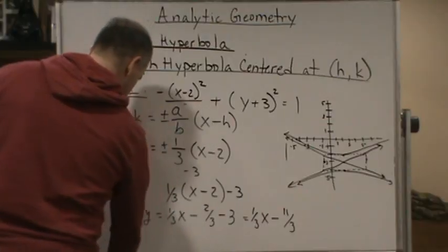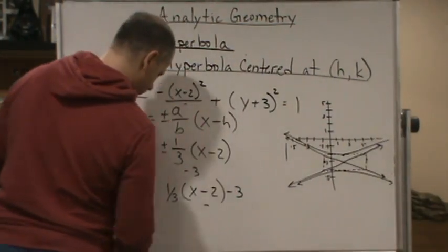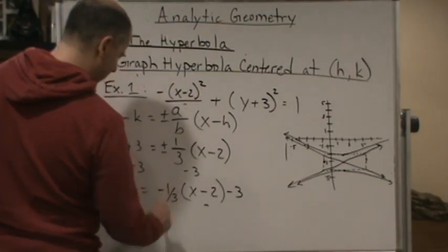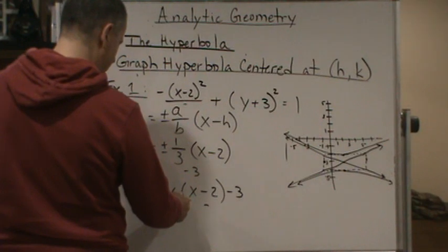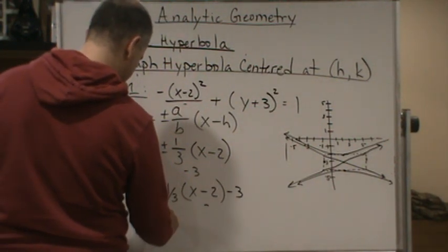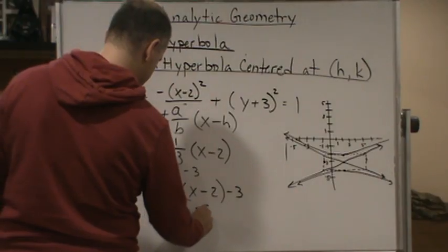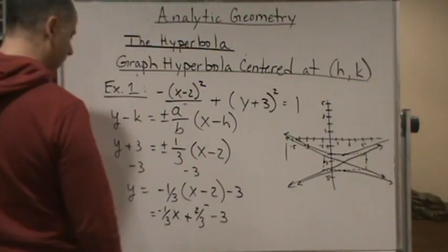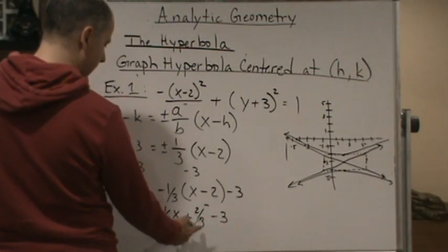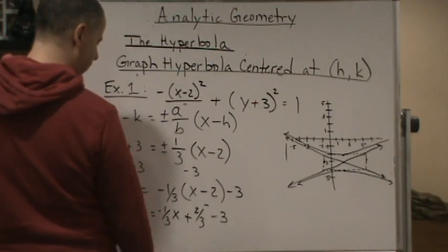Okay, now if I go back and I do the negative one, right? So now I do negative 1/3. So let's find the equation of the other asymptote. So now I'm going to, again, distribute. So it's going to give me negative 1/3 x plus 2/3 minus 3. So now this becomes 9/3, but now it's going to be minus 9/3 and a plus 2/3.